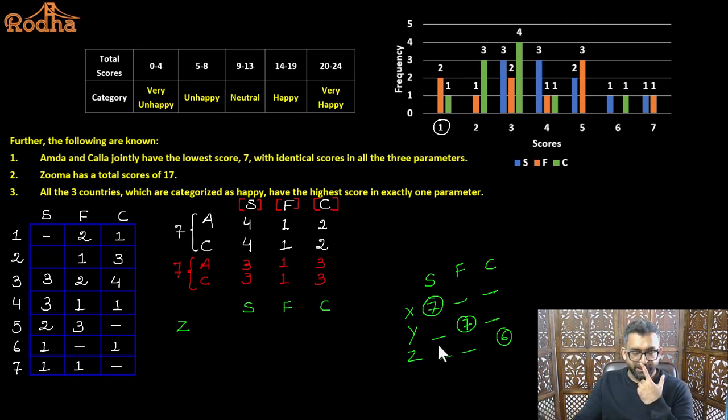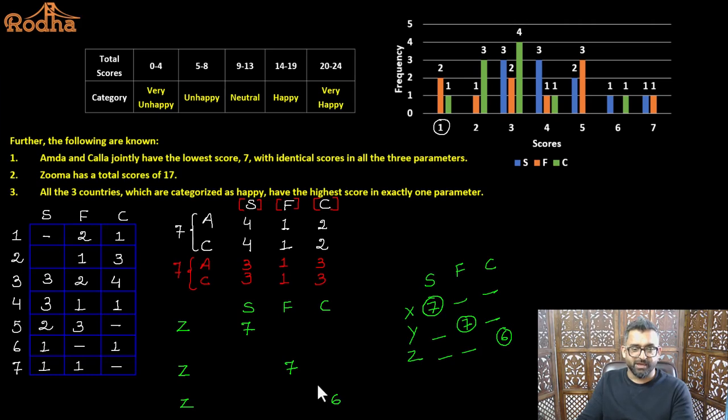Okay, the 3 highest scores will be assigned to 3 different countries which are categorized as happy. So what I need to understand from this point is, either Z is going to get the highest score of 7 here, or Z is going to get the highest score of 6 here.